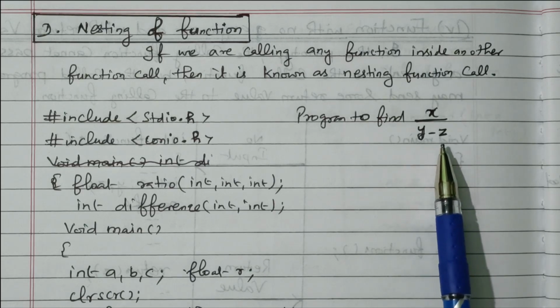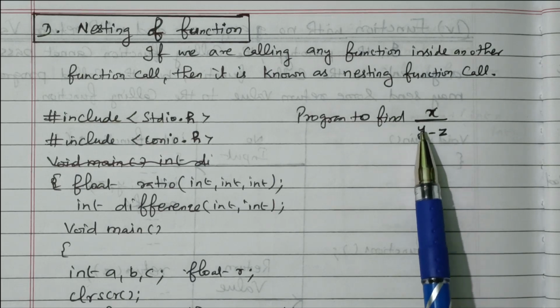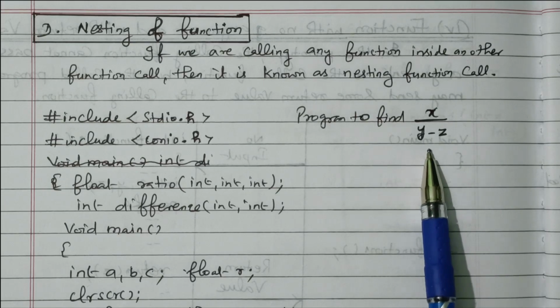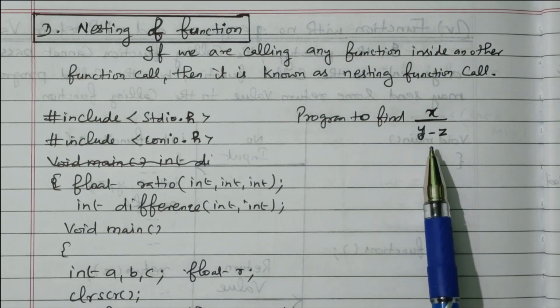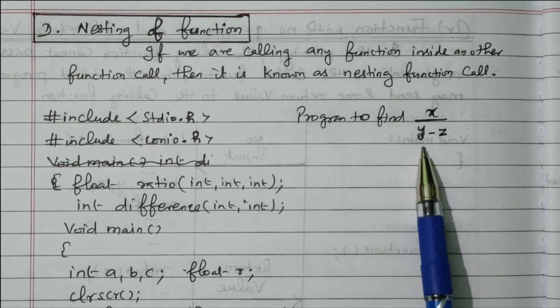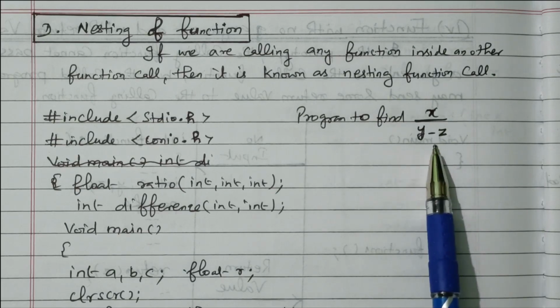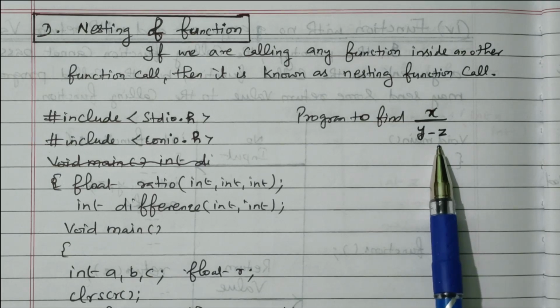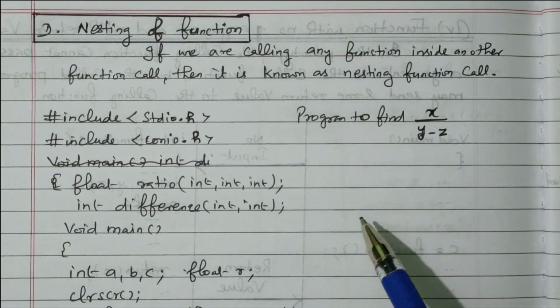If y minus z is non-zero, then only we can perform the function. So one function will perform this expression x divided by y minus z. Inside one more function will check the value. What is the value of y minus z? If it is 0, we cannot perform the expression. If it is non-zero, we can perform the expression.